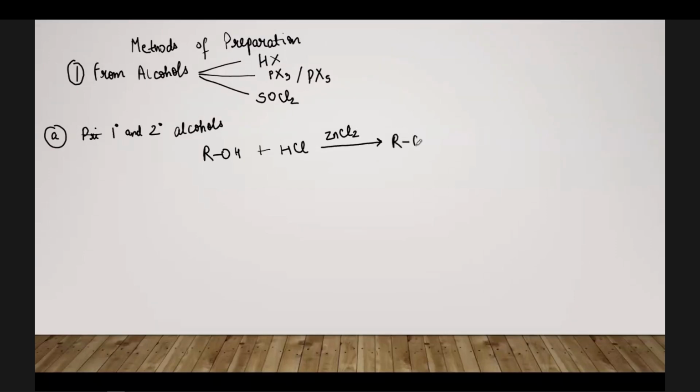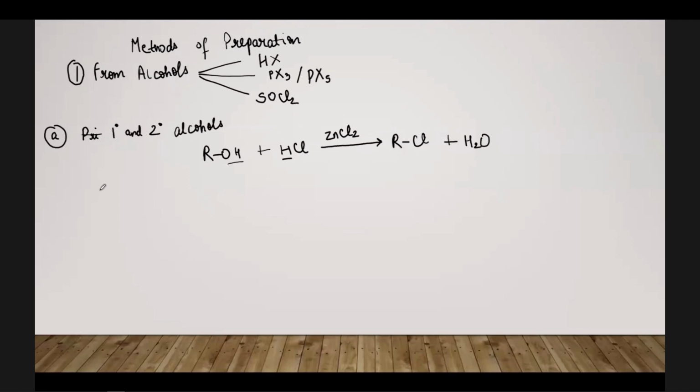And so this is a simple substitution, here R and Cl will form, and this H and this OH group come together and give water. Okay? So this ZnCl2 thing has to be remembered here, especially for the 1 and 2 degree alcohols.